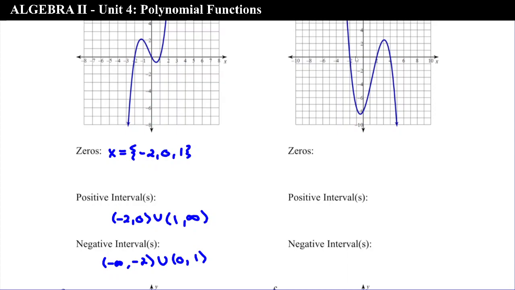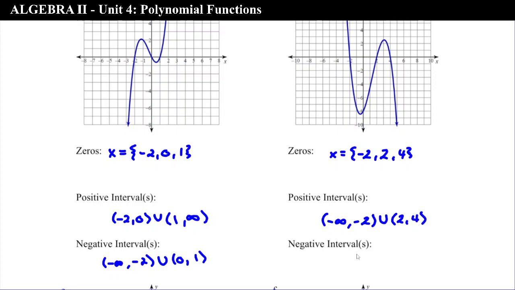All right, let's determine our zeros for this next graph. We got -2, 2, and 4. Our positive intervals are from -infinity to -2, union with 2 to 4.